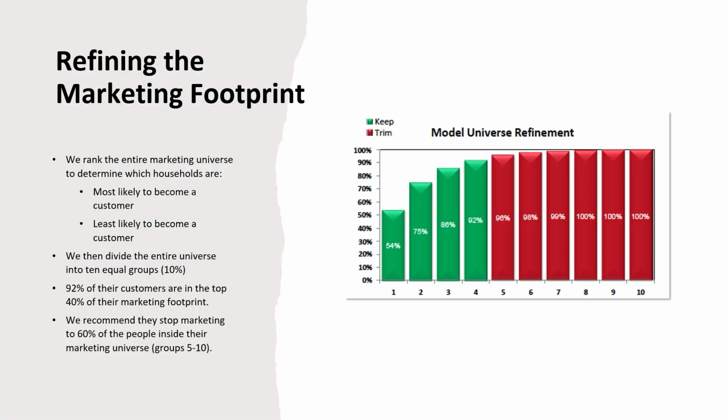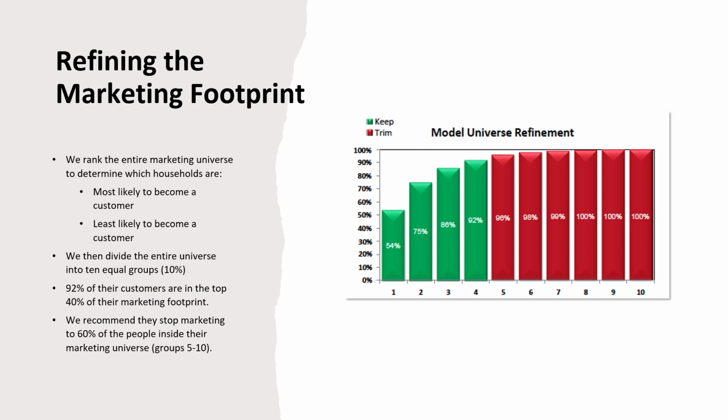We then take the entire marketing footprint of 750,000 households, and we score them based on who is most like and who is least like their target audience. We take that entire population and equally divide them into 10 equal deciles. In this example, we determined that 92% of the households that we want to market to exist in only 40% of the marketing footprint.